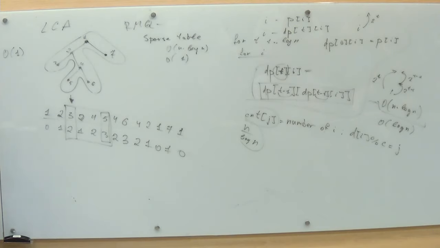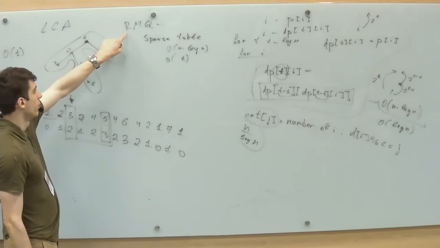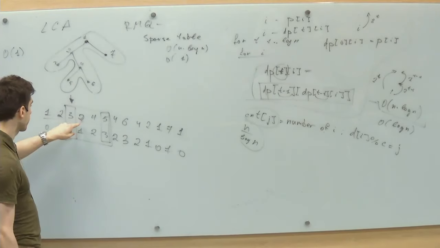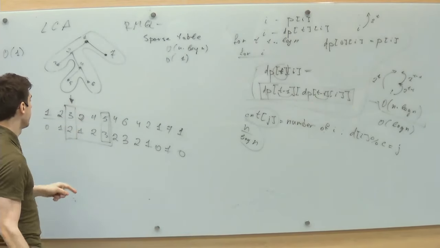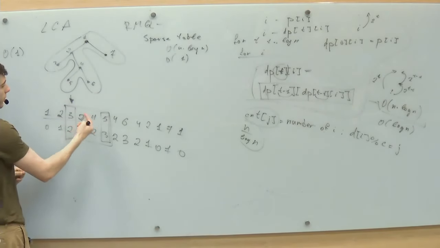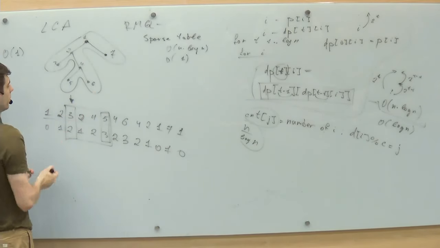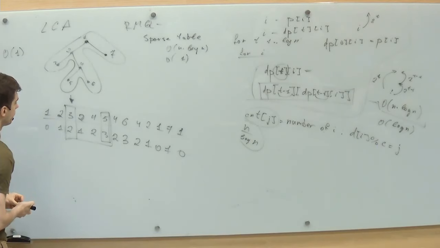After that, you just put the query to the RMQ, our sparse table data structure, to find the minimum element. And after that, from the input time, you have to restore the actual number of your vertex.